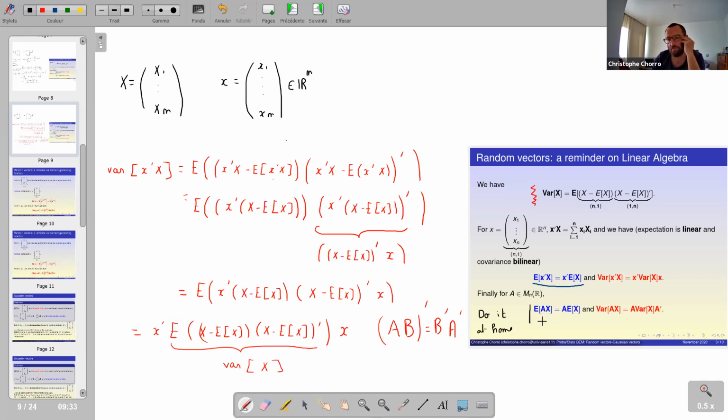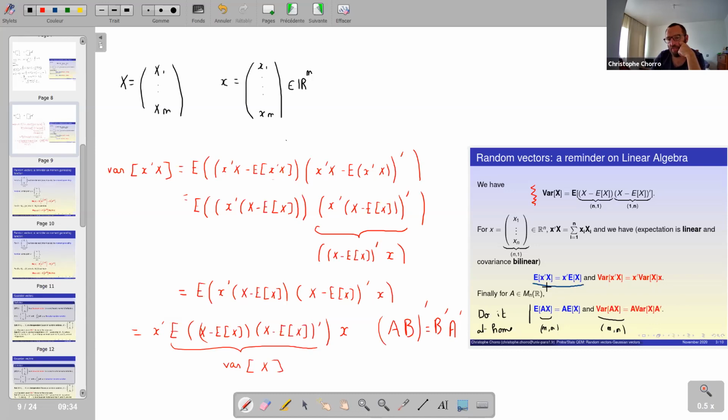Then you have a random vector of size n, and you are able to develop this using linearity, just removing the A from the expectation. For the variance, you do exactly what I have done here, and you just plug A X inside this formula, and you will obtain that the variance of A X, that is also something of size n, will be given by this one.